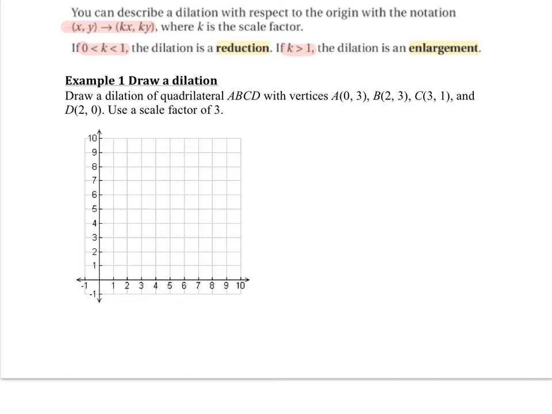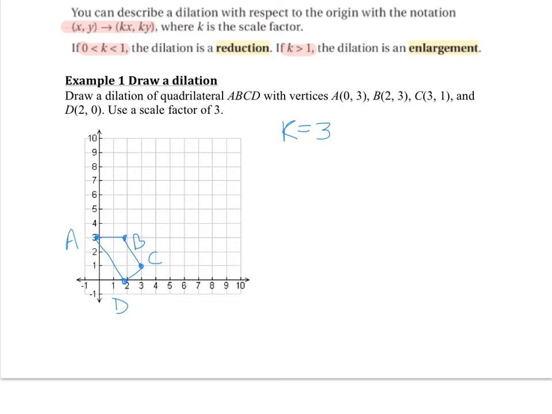Okay, we're going to draw a dilation of a quadrilateral with vertices (0, 3), (2, 3), (3, 1), and (2, 0). So there's my quadrilateral, and my k is 3.